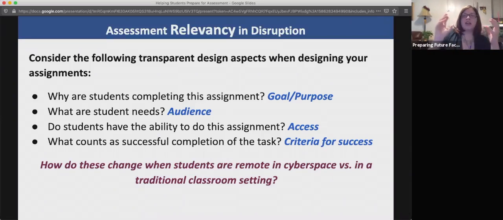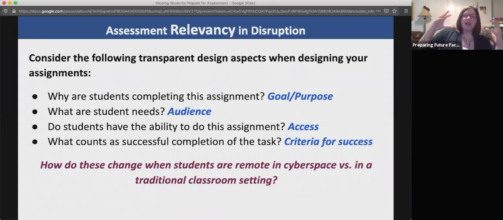How do I know that they all have access to a computer? How do I know that they can email this to me? How do I know they have a printer that they can even print it out, put it in an envelope and mail it to me? Do they have a mailbox that they can put this in? Or is this something they'd have to go to the post office for?